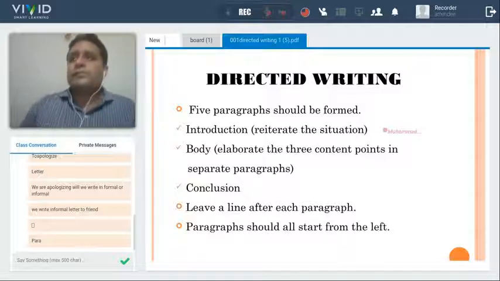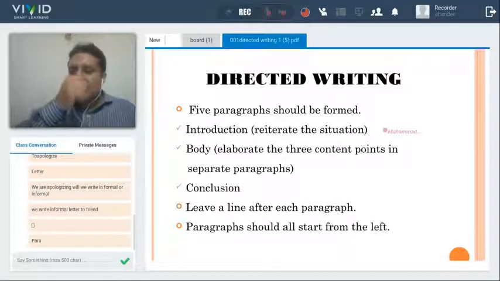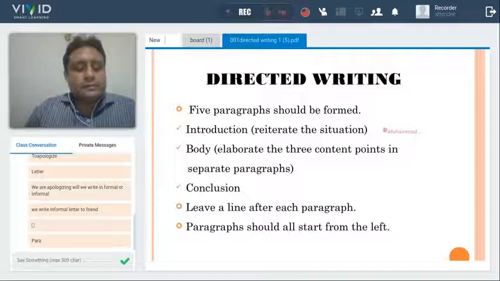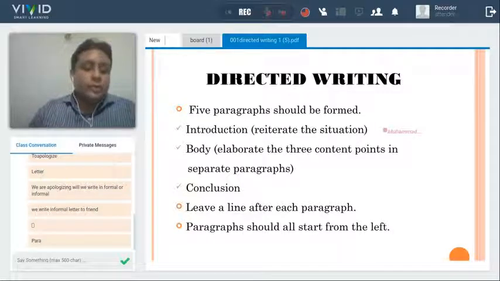For example, you lost a very valuable book, maybe an expensive book. So you may offer your friend in the ending that I will get you a new book.